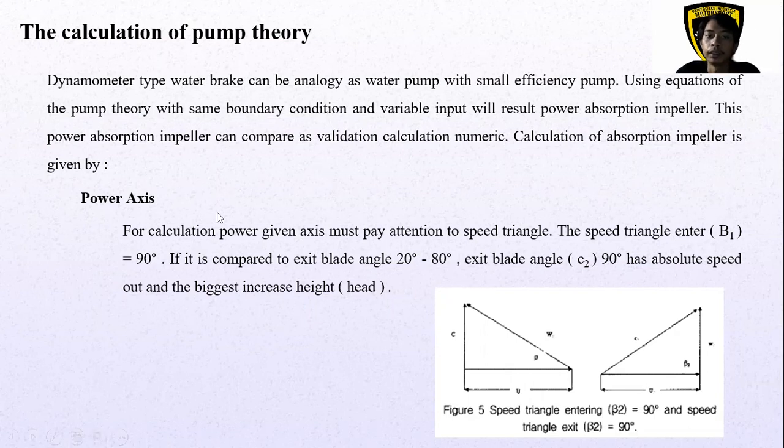For the calculation, power given to the axis must pay attention to the speed triangle. The speed triangle entering B1 is 90 degrees, compared to the exit blade angle of 20 degrees, interval 20 degrees to 80 degrees. The exit blade angle C2 at 90 degrees has the absolute speed out and the biggest increase in height, and this is a picture of the speed triangle entering like this and the speed triangle exit like this.